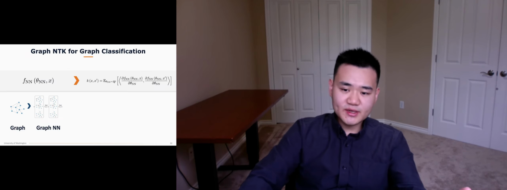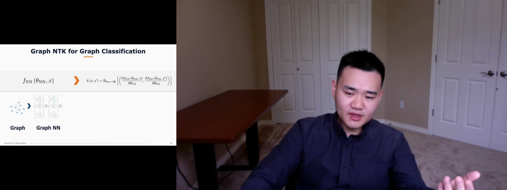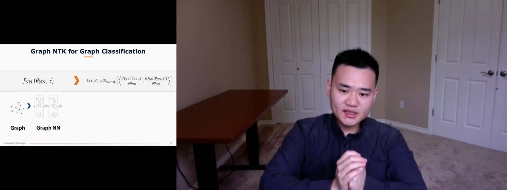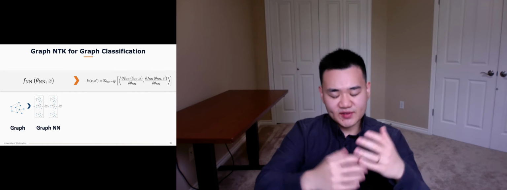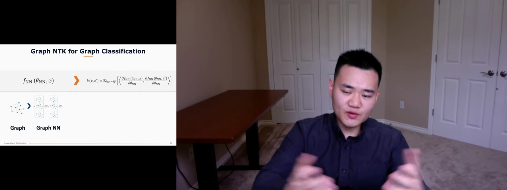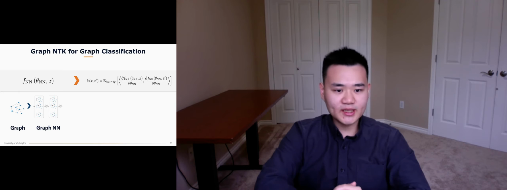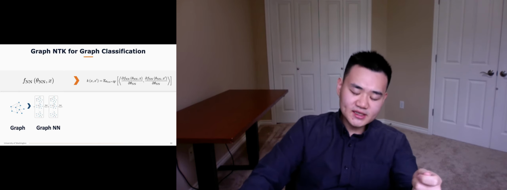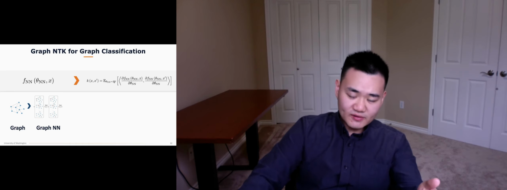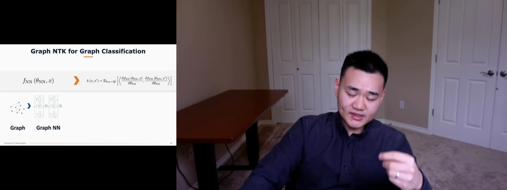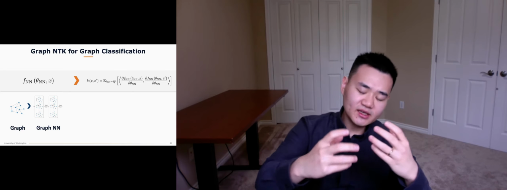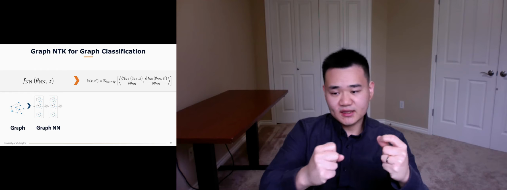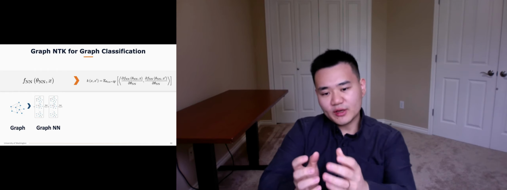Our second experiment is on graph classification. For example, you can model predicting the toxicity of a molecule as a graph classification problem. It's also very useful for other social network and bioinformatics tasks. For graph classification, a very popular method is the graph neural network, which takes a graph as input and can automatically use the neighborhood information of the graph as a source to do well in prediction.